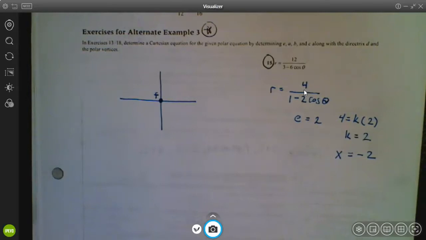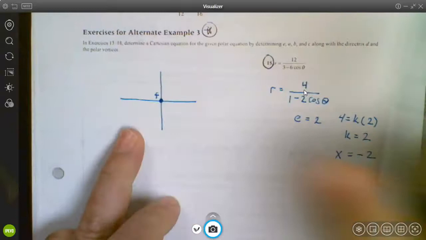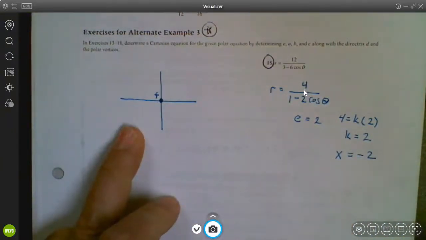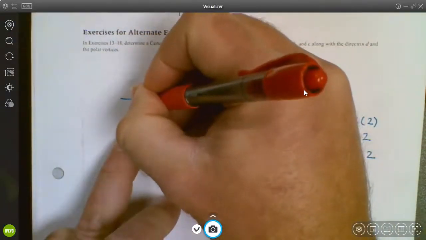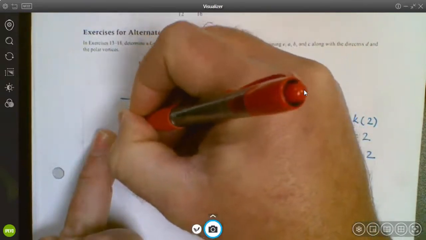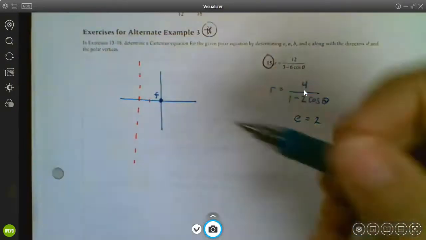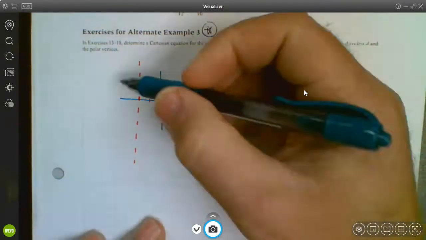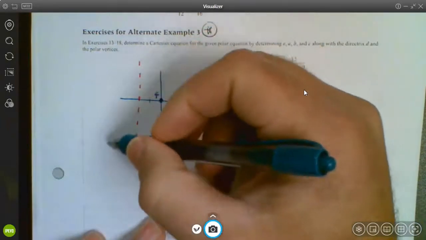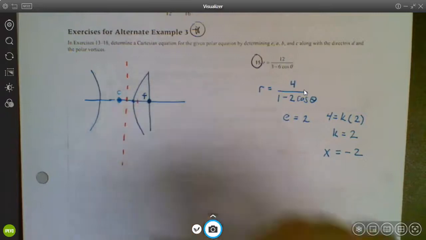So x equals negative K. So if x equals negative 2, then I'm going to do this in red. Here's our directrix. And so for these guys, that means I'm going to get the hyperbola here and here. So it's going to look something like this.